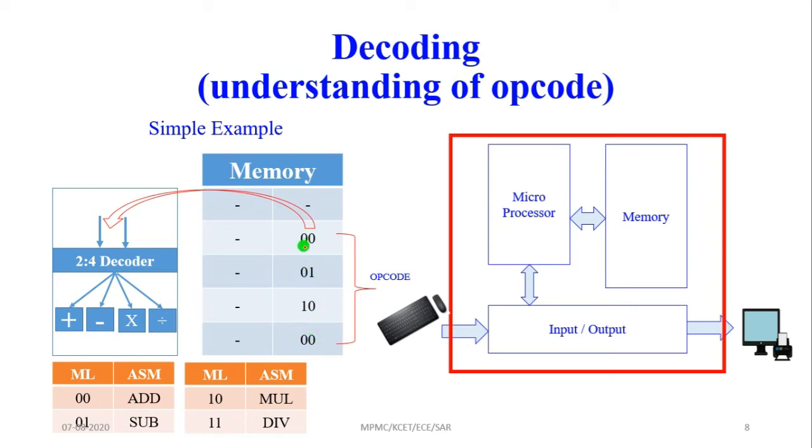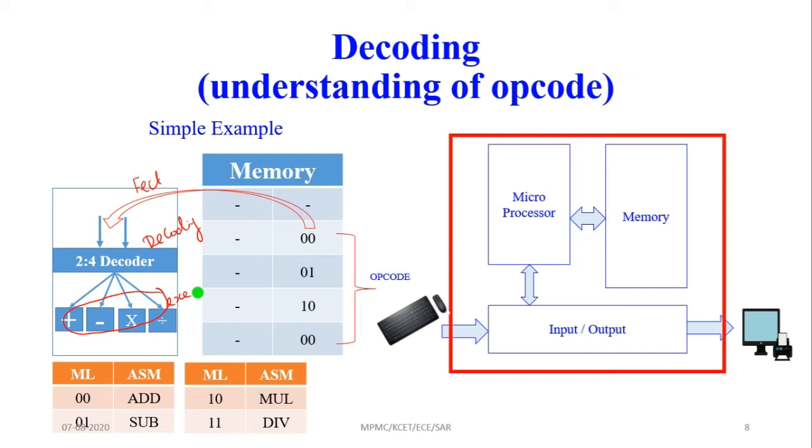Now we take 00 from this memory to the microprocessor. The microprocessor can understand the opcode. If it receives 00, it immediately says we are going to perform the addition operation. This is called decoding, understanding of the opcode. Here this is the fetching, this is the decoding performed here. Then finally we are executing the program.